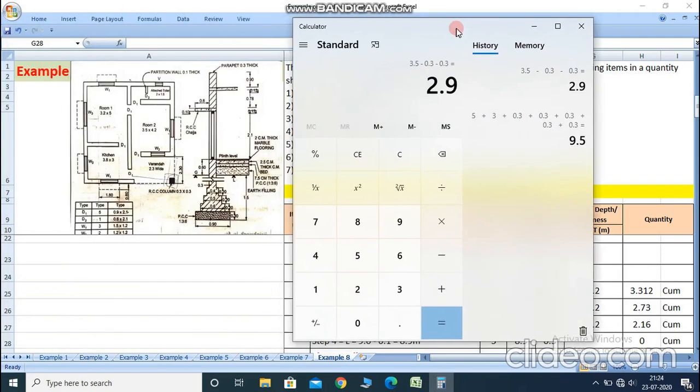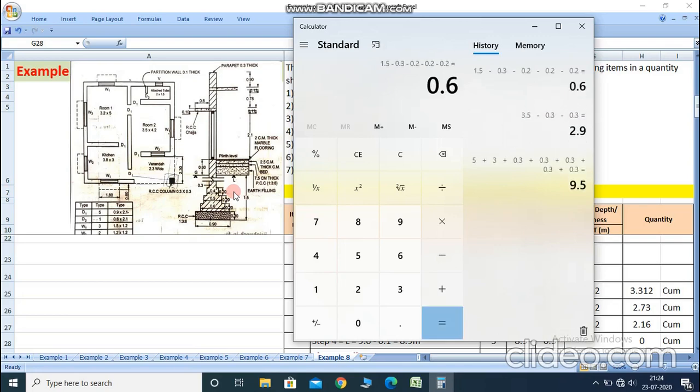So by using the calculator, 1.5 minus 0.3 for the PCC work, and 0.2, 0.2, 0.2 for steps 1, 2, 3. So minus 0.3 minus 0.2 minus 0.2 minus 0.2.